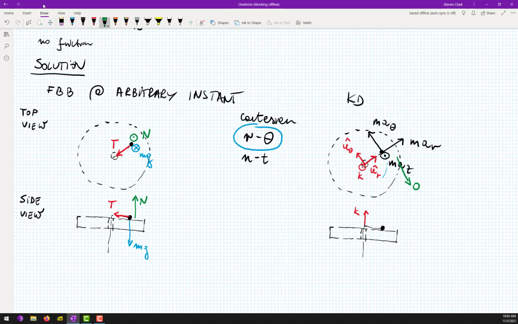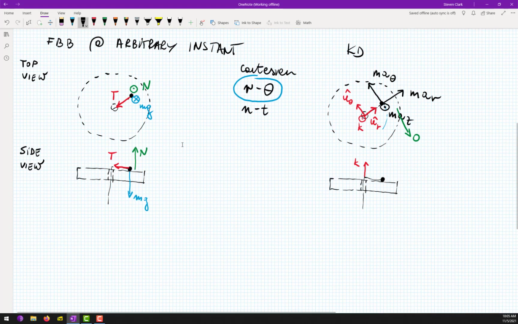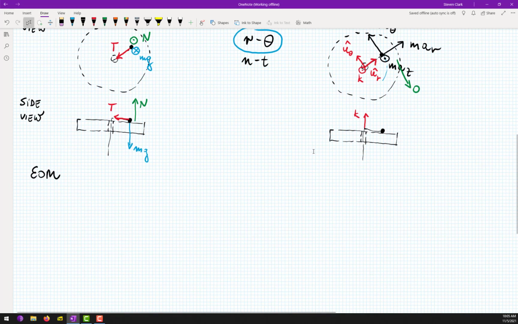Okay, second step. You all remember equations of motion. Since they ask us to find tension, I would go for the sum of the forces along the r direction, because they want us to find tension. So in here we have just minus T, and this is equal to m a_r.